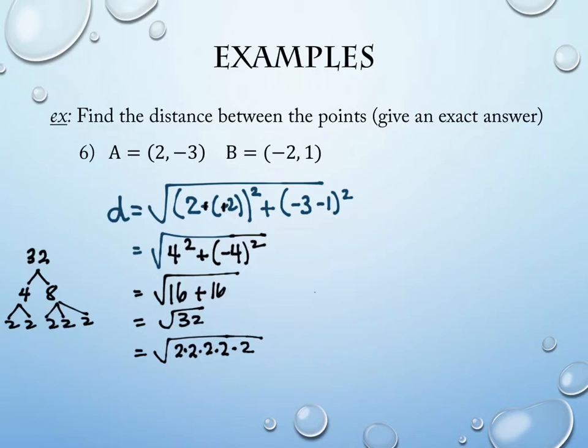Okay, got them all in there finally. 5 2's, and because it's a square root, we're looking for pairs of 2 items. So these are my pairs that I have. If I've got a pair of 2's, it comes out as a 2. Another pair of 2's comes out as a 2, and then I have the square root of 2 for a grand total of 4 square root of 2. That would be the exact answer.